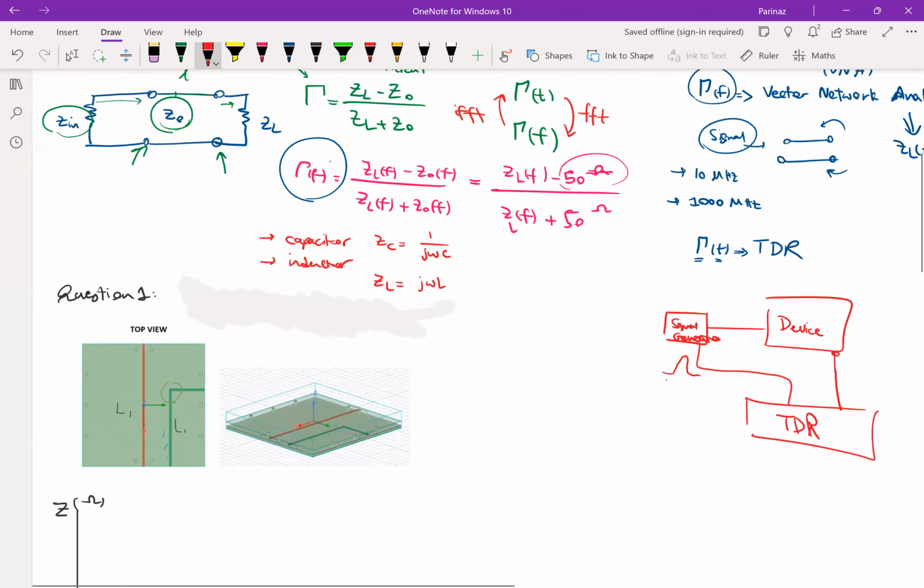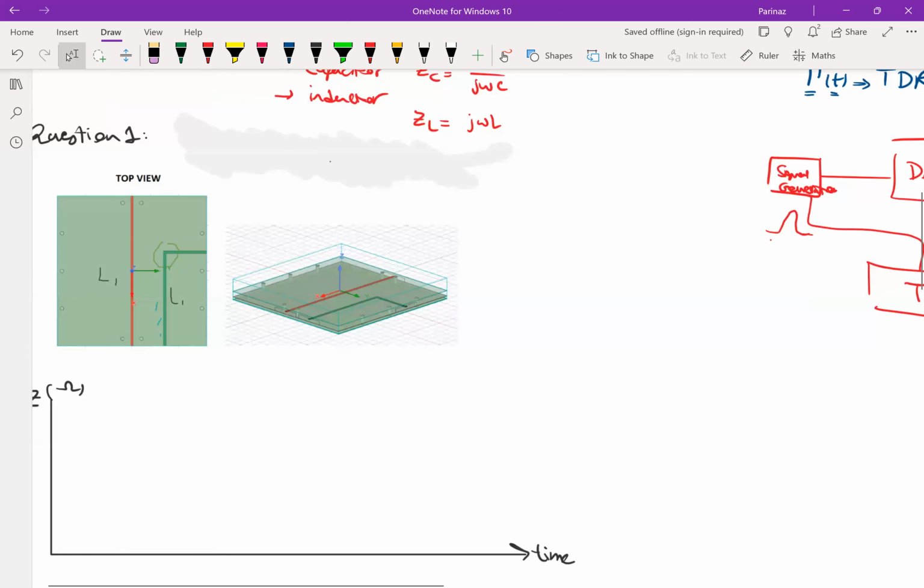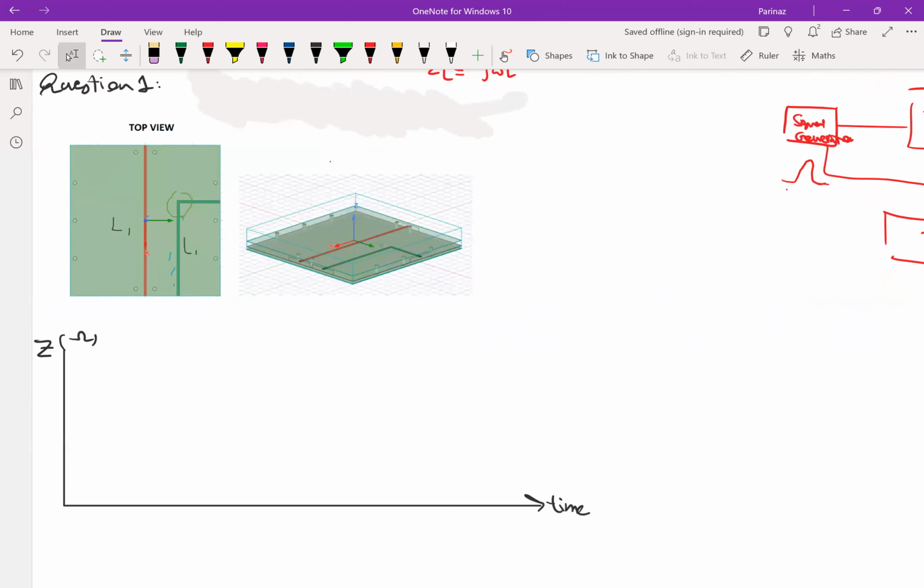For example, let's look at some conceptual questions here. This is a very easy one, but at the same time, a very important one. Again, we have a microstrip line here. It's a red one, and then we have a green one.